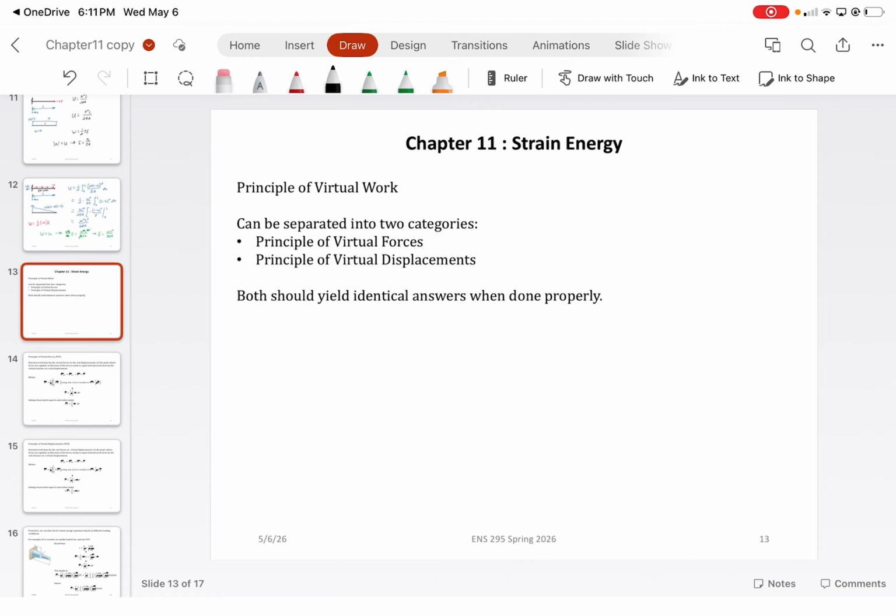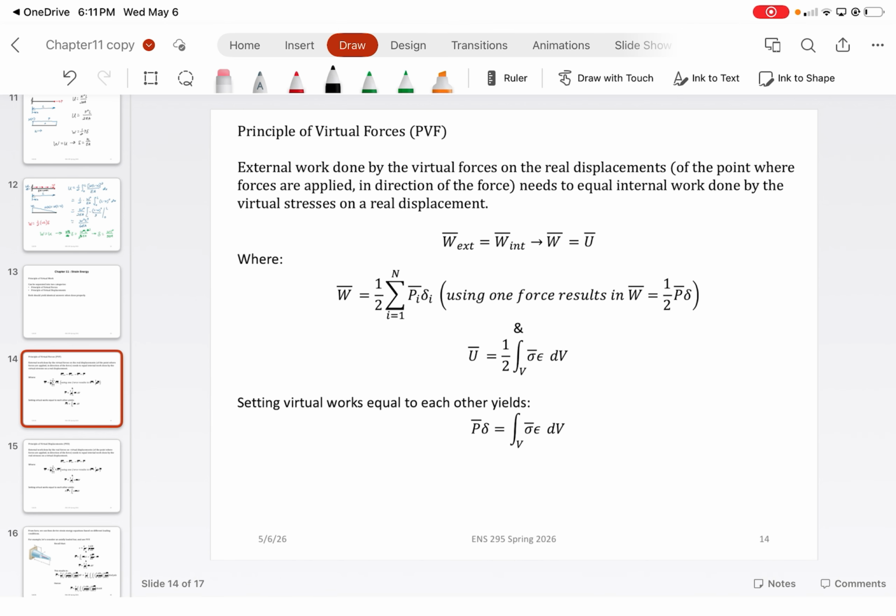Could you go over the virtual energy and displacement? I was a little confused on what you meant by virtual. Basically, the external work done by the virtual forces on the real displacement needs to equal the internal work done by the virtual stresses on the real displacement. It's a very confusing topic.